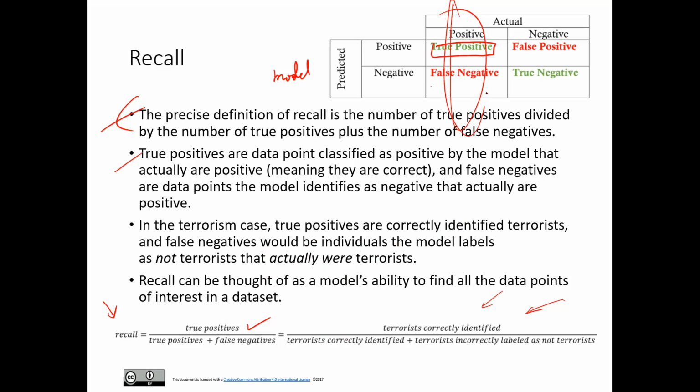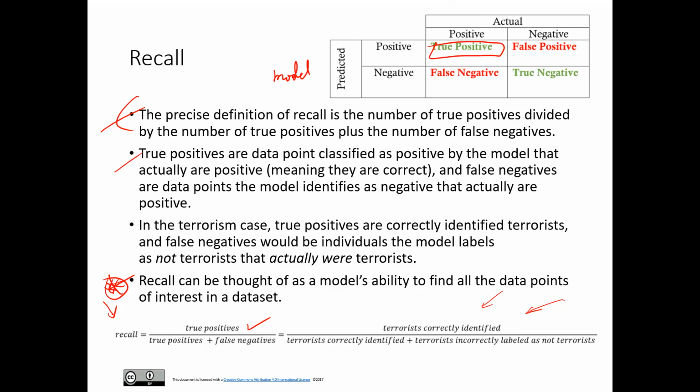Out of all the actual, we found that. So we want this to be high. This is an important definition: recall can be thought of as a model's ability to find all the data points of interest in a data set.